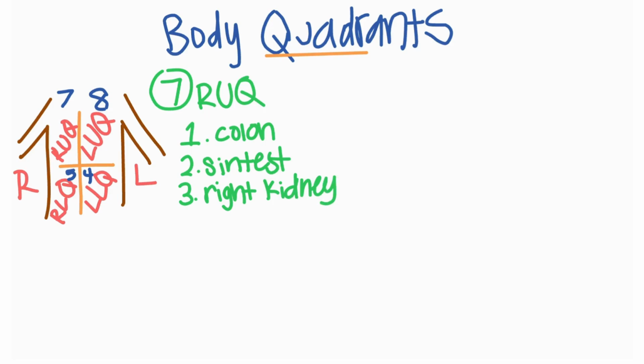And then there's going to be the right adrenal gland, which is right above the kidney. I'm just going to write adrenal. And then for another one, there's going to be the pancreas here.